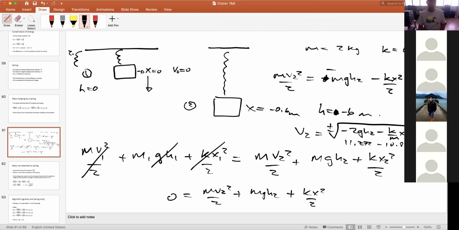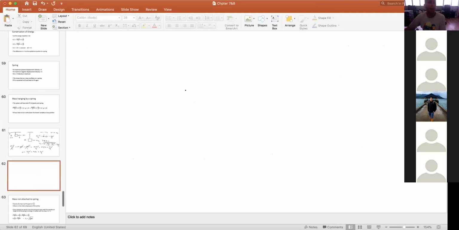So the point here is that just like with gravity, you can write m v squared over 2 plus k x squared over 2.